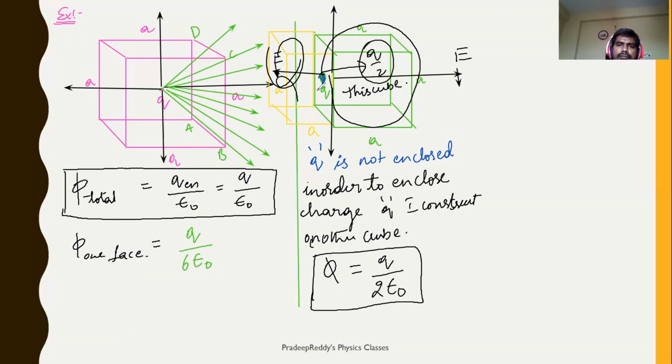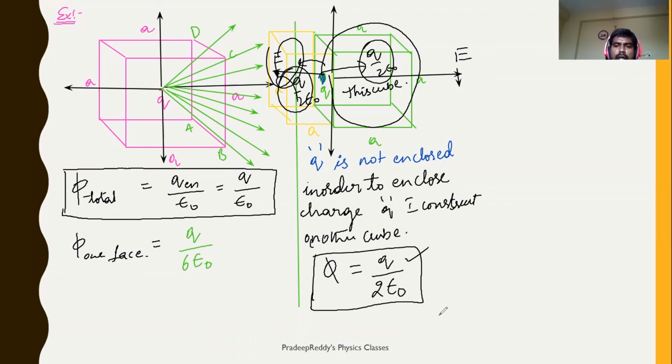Therefore half flux is being shared over here, that means Q by 2, and this side it will be Q by 2. So simply out of the total flux I am dividing this into half, so that it will be Q by 2 epsilon naught. So flux from here will be Q by 2 epsilon naught, flux from here will be Q by 2 epsilon naught. So totally flux from only this cube will be Q by 2 epsilon naught.